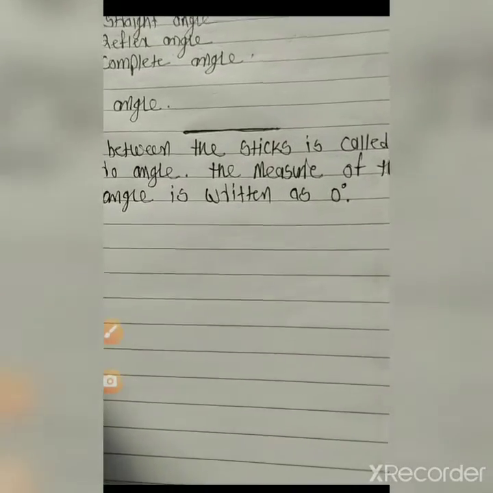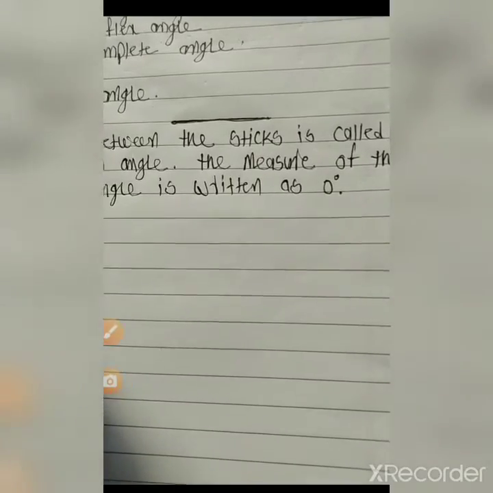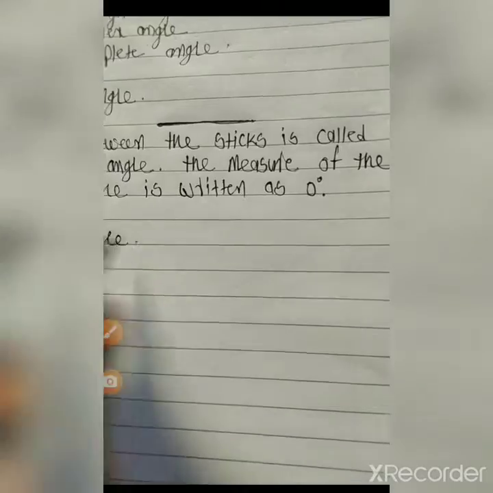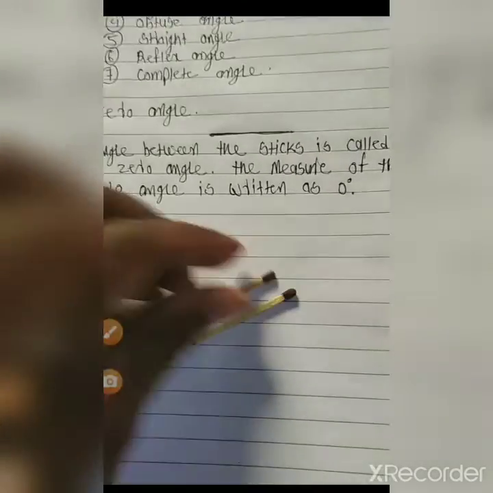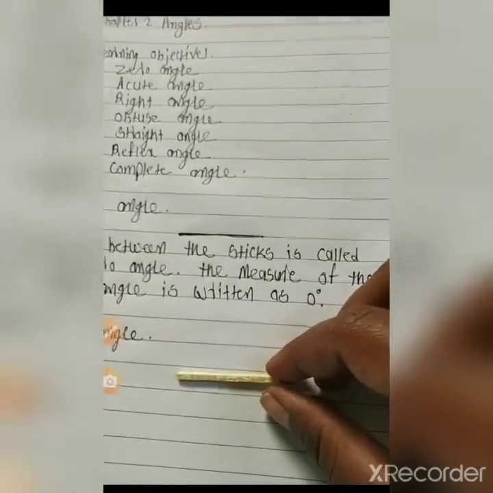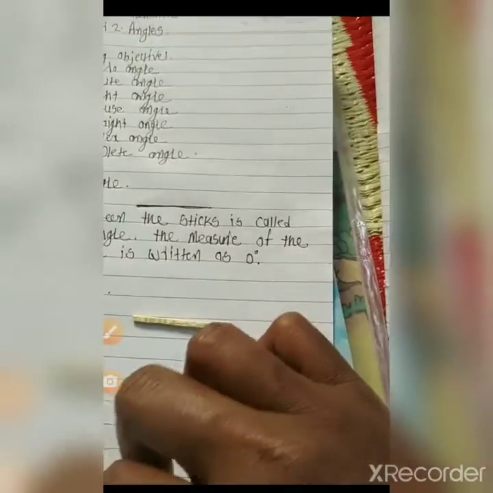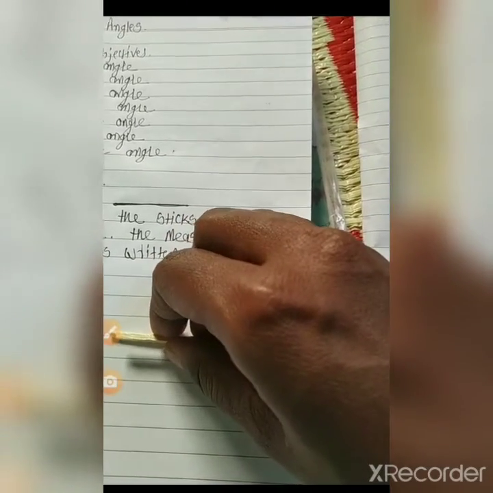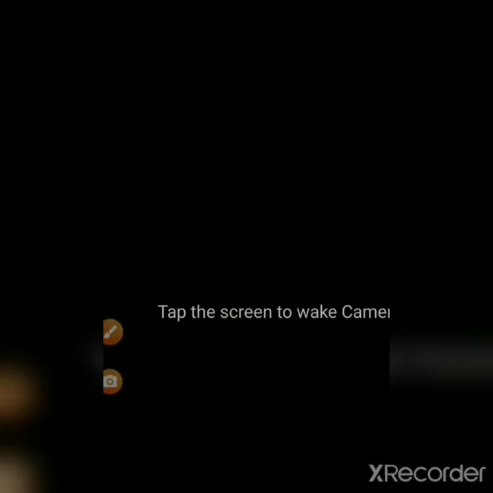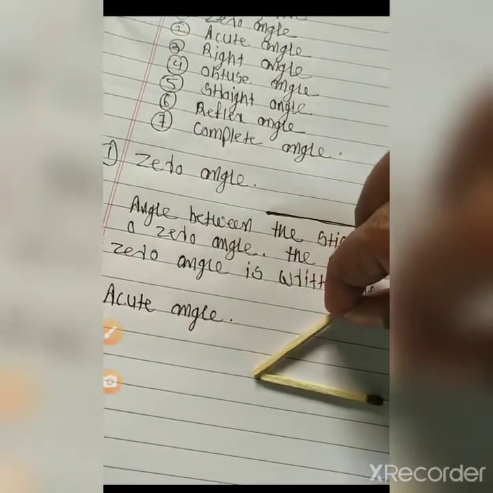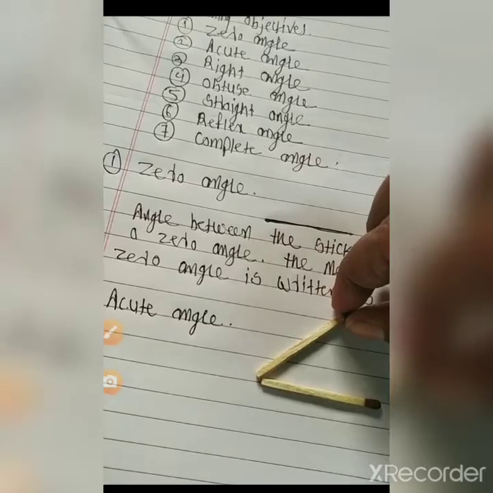Now next, what is an acute angle? Take two sticks. Put one stick like this, and the second stick like this.